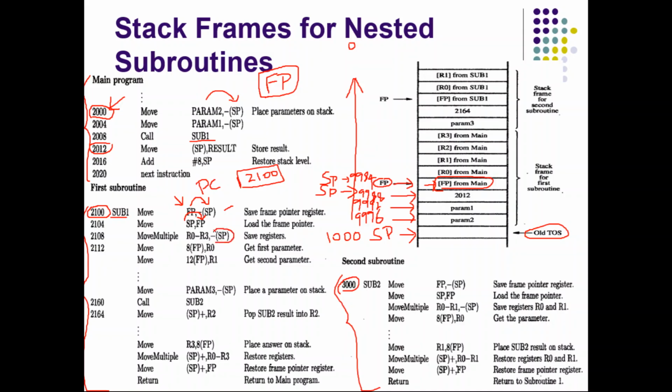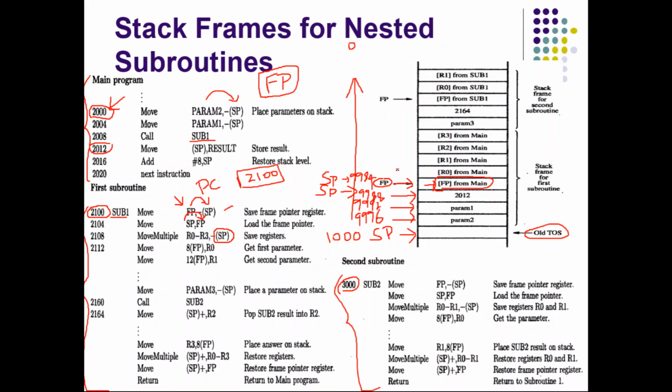So this is similar to what we have discussed in the previous class. This function wants to use four registers, R0, R1, R2 and R3. So it is pushing all these things into stack. After pushing all these things, what will happen? After pushing R0, SP will point to 9980.